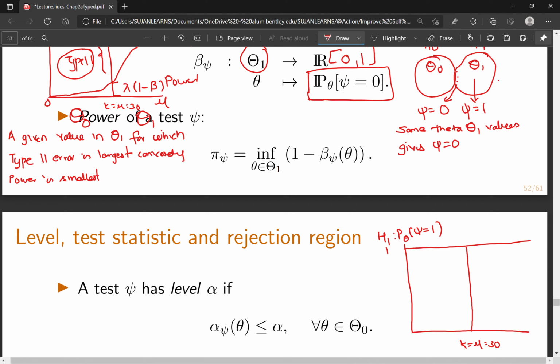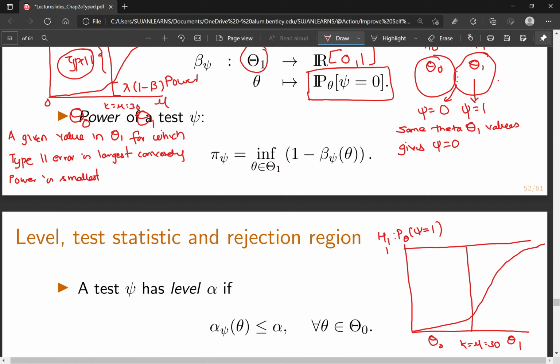Here it should be something like this. Type 2, this point is decided by this k, which divides the data into two sets: one is theta naught and one is theta 1. Theta 1 are all those points that contribute to the alternative hypothesis, and theta naught are all those points that contribute to the null hypothesis.